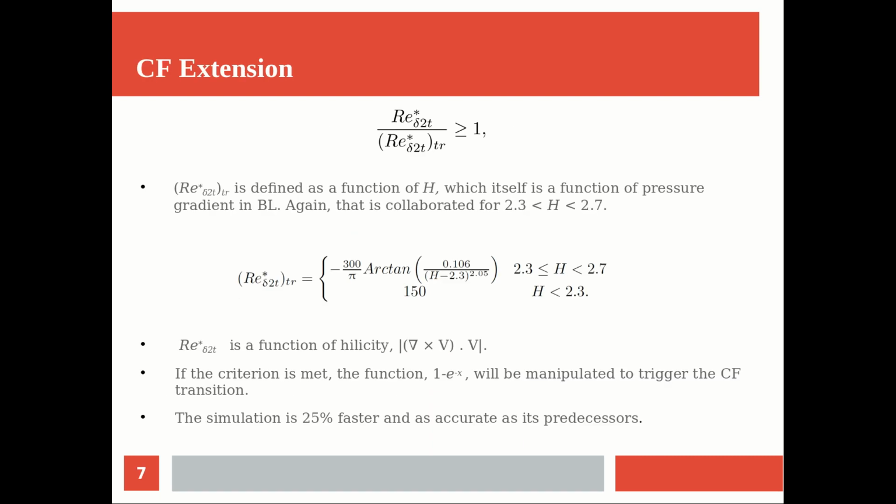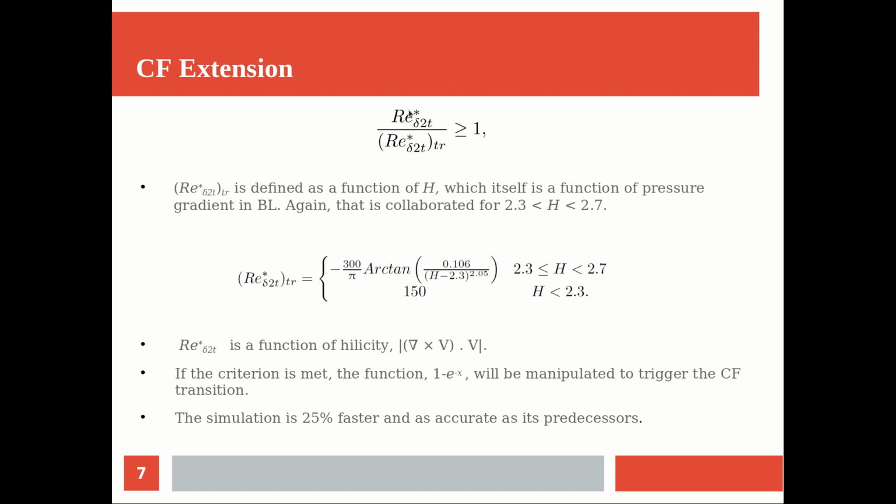What is the extension? The extension is this fraction. When this criterion is met, the cross-flow transition will happen. The denominator is the critical or transitional critical Reynolds number, and the numerator is the cross-flow displacement thickness Reynolds number.